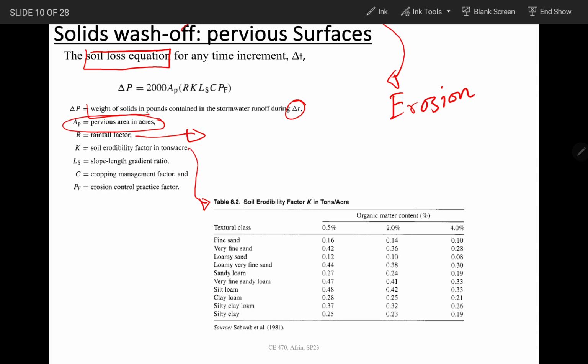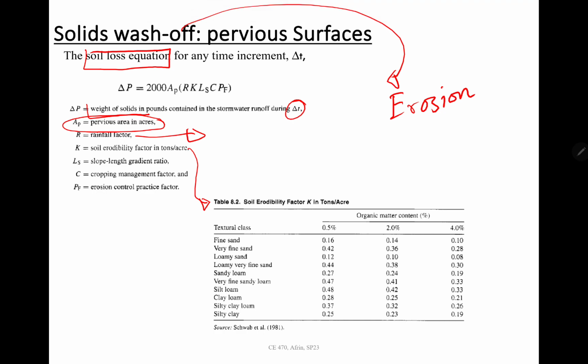What is the slope length ratio? C is the cropping management factor, which is whether there is grass or any type of plantation there. And PF is the erosion control practice factor. It's whether you are adding anything for erosion control, any type of measure.